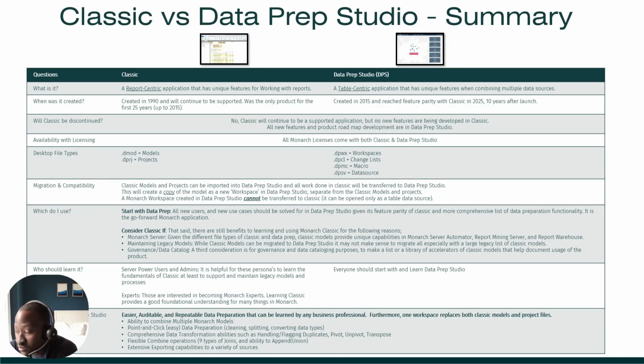And Data Prep Studio was created in 2015, and approximately 10 years after it was launched, by the time we get to 2025, is where we get to feature parity with Classic. I'm going to talk more about that in the next slide or two.